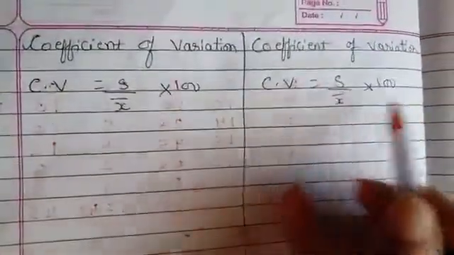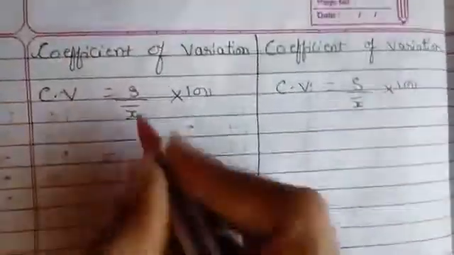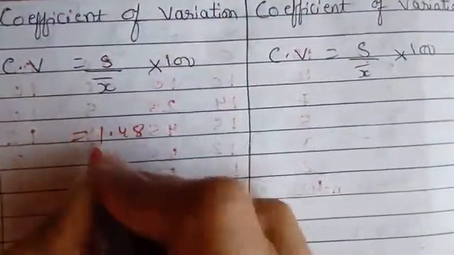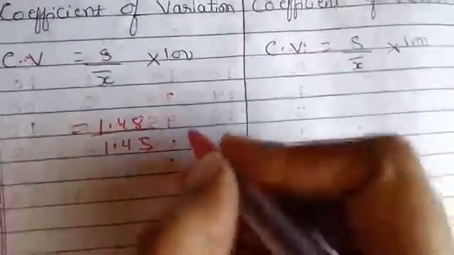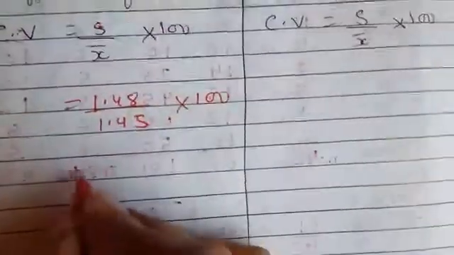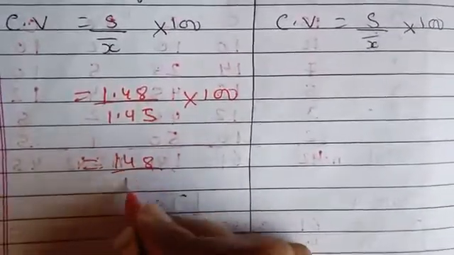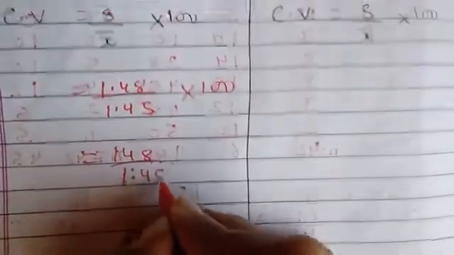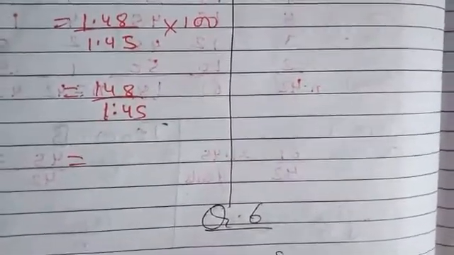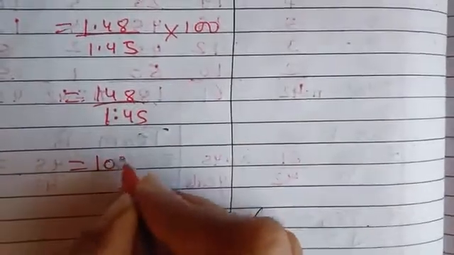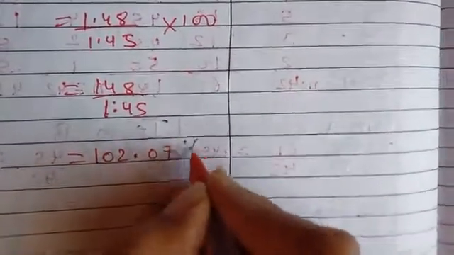Now the coefficient of variation for team A and team B. So S and X bar we already found, so we will just put the values. First for team A, that is equal to 1.48 upon 1.45 multiplied by 100. When you do the calculation, that is 148 divided by 1.45, you will get the answer as 102.07%.